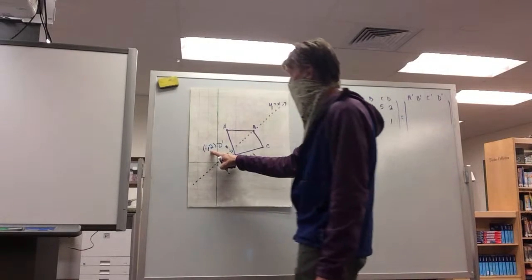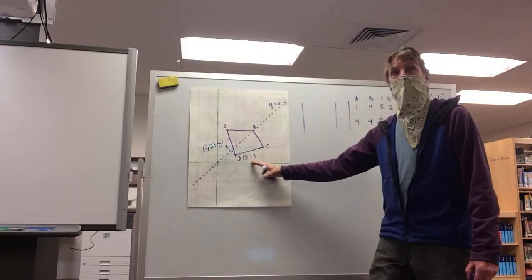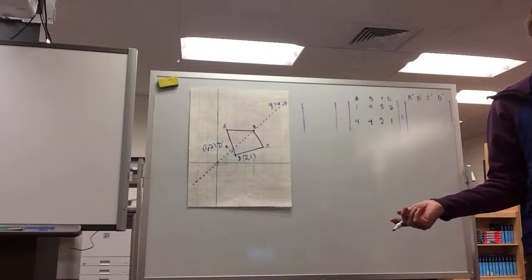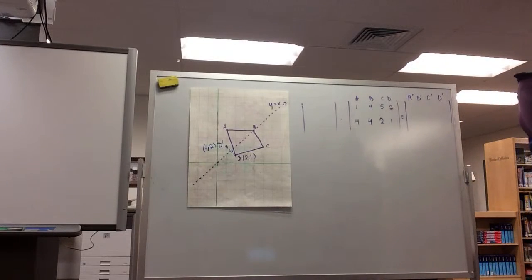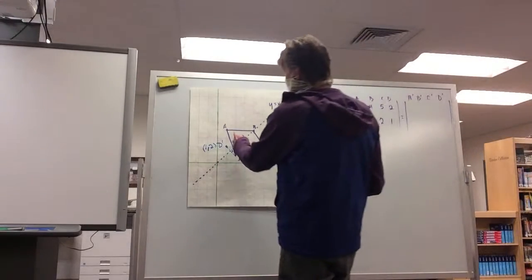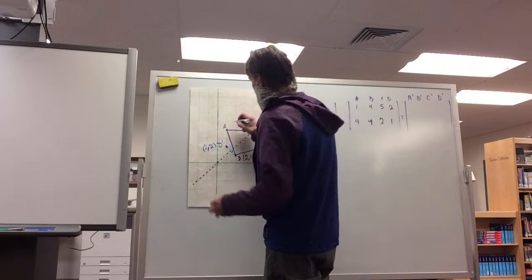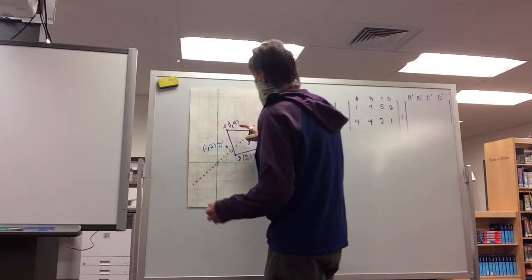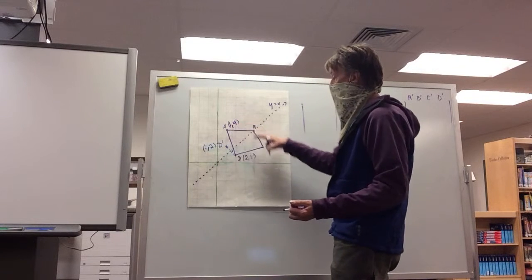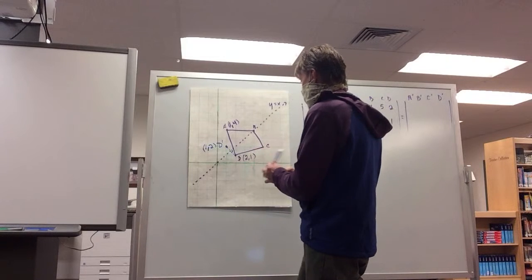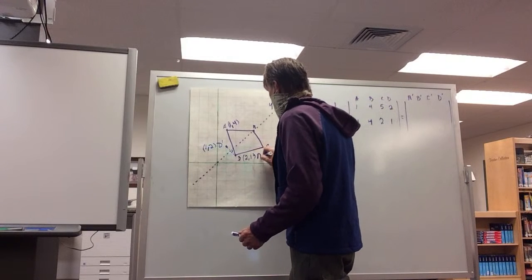So there's the x and the y value. Here's the x and the y value. So what happens to the x and the y values? They just switch. So a starts out up here as 1, 4. So it's going to become 4, 1. So it's going to end up down here.